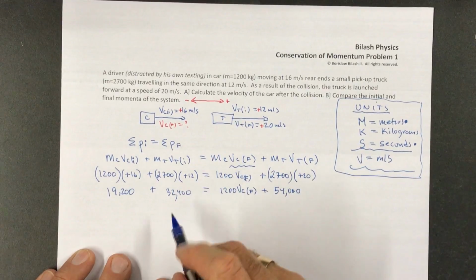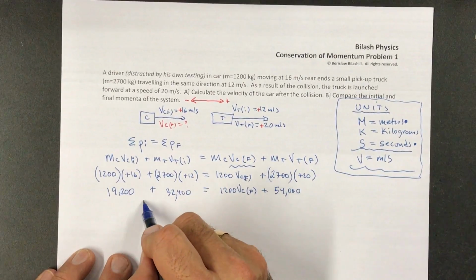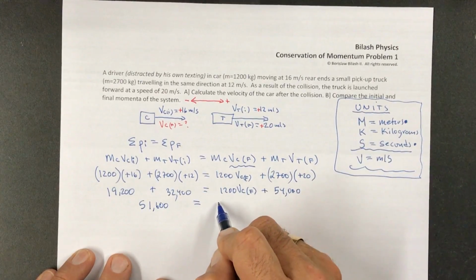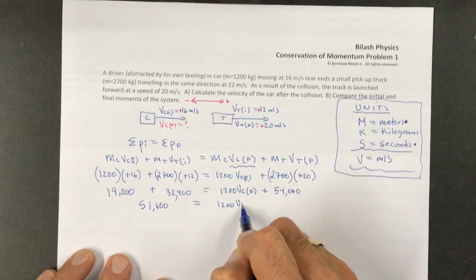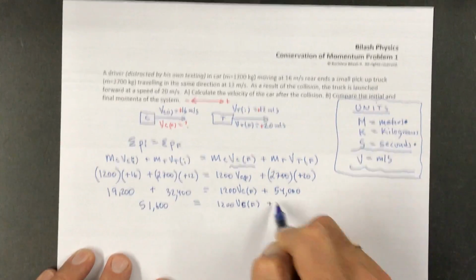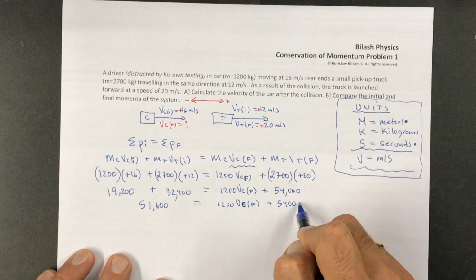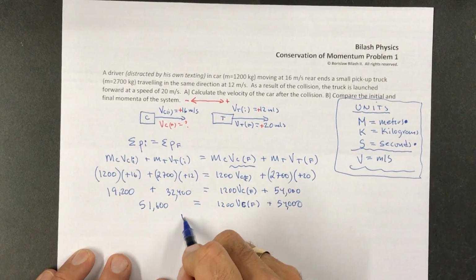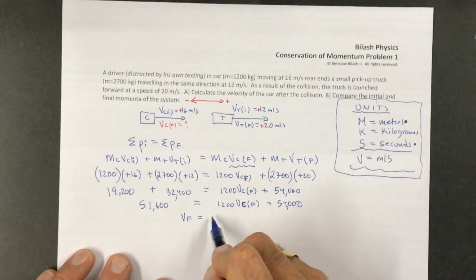So if we rearrange this, we end up getting 51,600 on the left side and 1,200 VCF plus 54,000. And finally, we'll have the final velocity equal to negative 2,400 divided by 1,200.